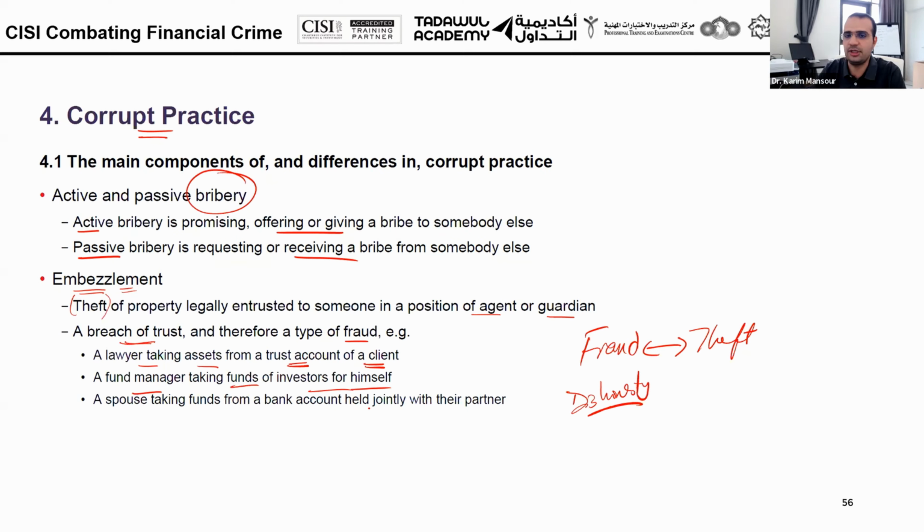They trusted him with the money to invest it, and he embezzled it. A spouse, a husband or a wife, taking funds from a bank account held jointly with their partner without their partner's knowledge or acceptance. It's probably a reason for divorce, right?